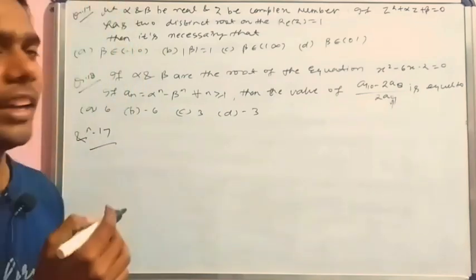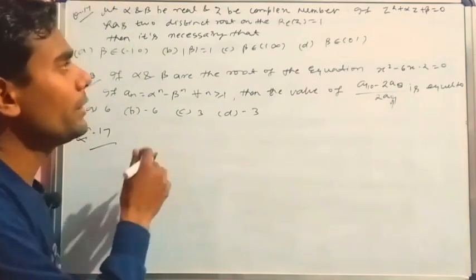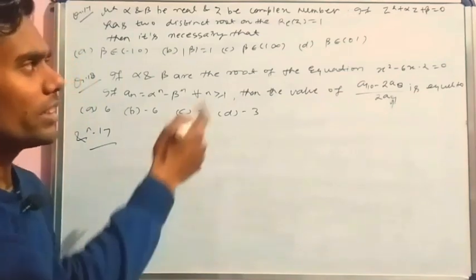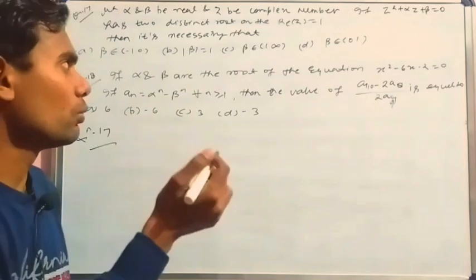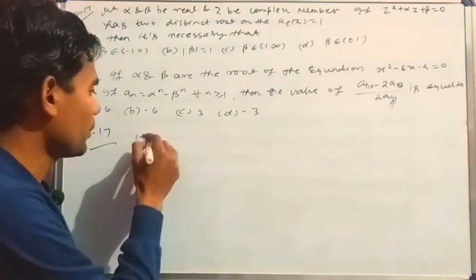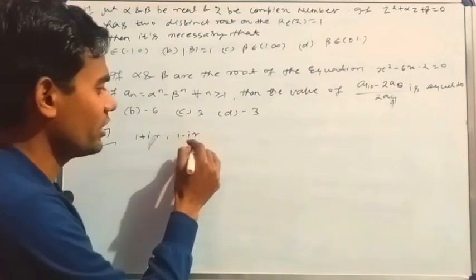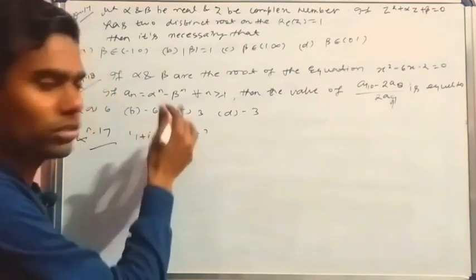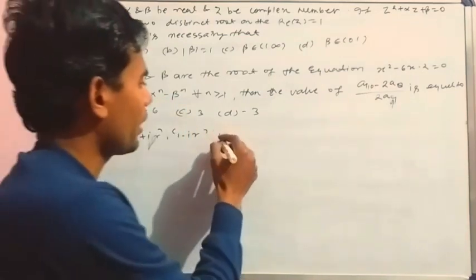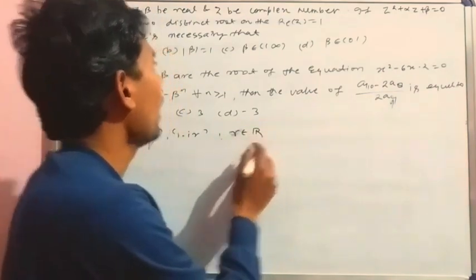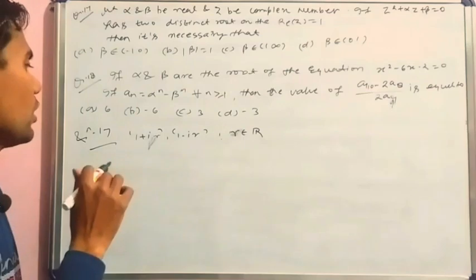Then this quadratic equation has roots of this type: 1 + iota r and 1 − iota r, where r belongs to the real numbers, and alpha and beta are both real.